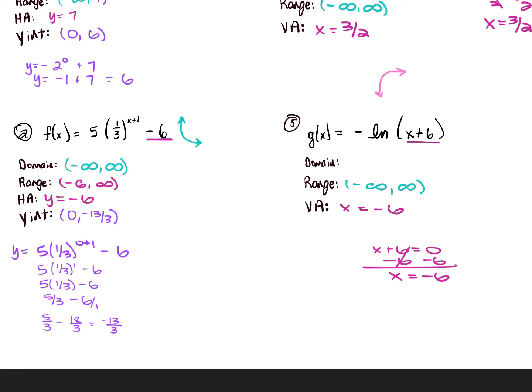The negative that's in front of the ln represents what? A reflection. How? Vertically, horizontally? It would be vertically. It's not in parentheses, so it would happen vertically, which means it would reflect across your x-axis. So this graph would look like this.